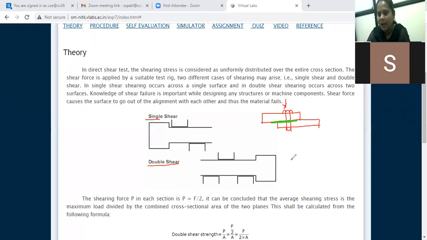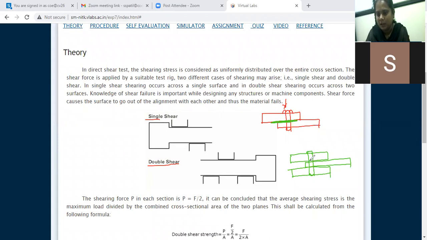Suppose I have connected two plates. Now you tell me, here is single shearing occurring or double shearing?